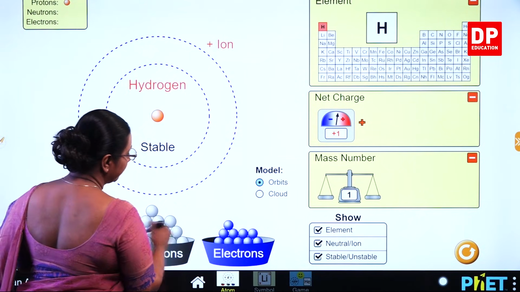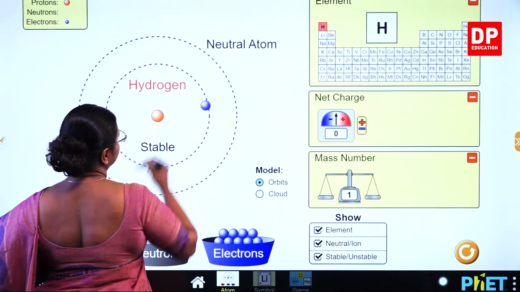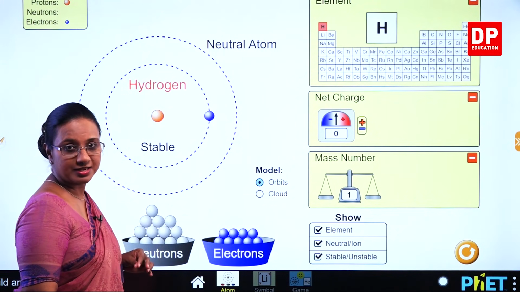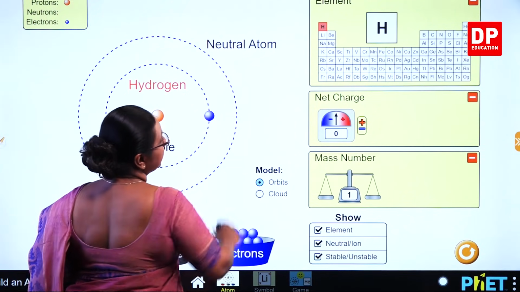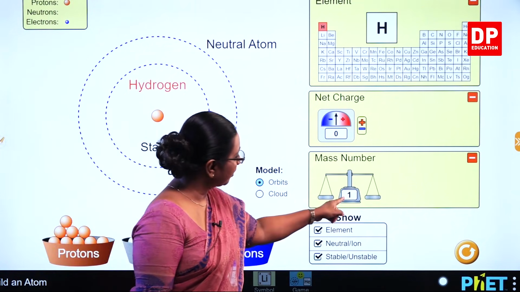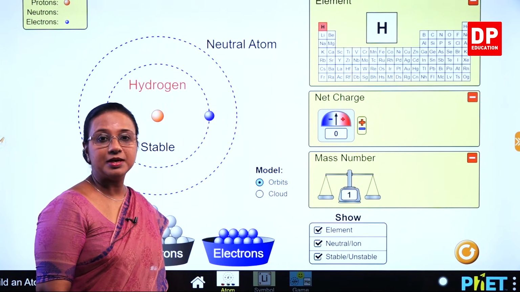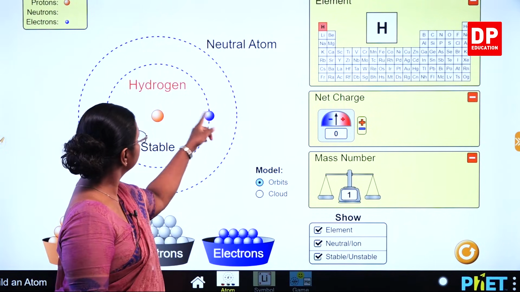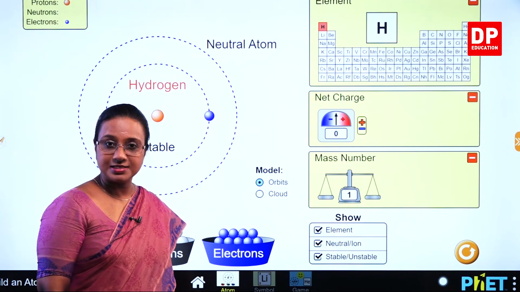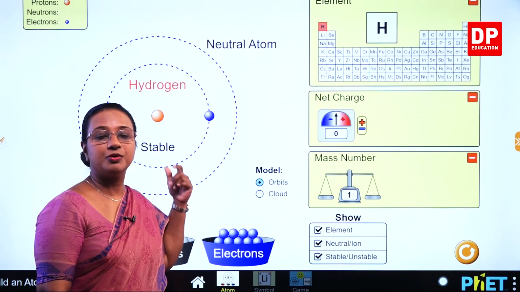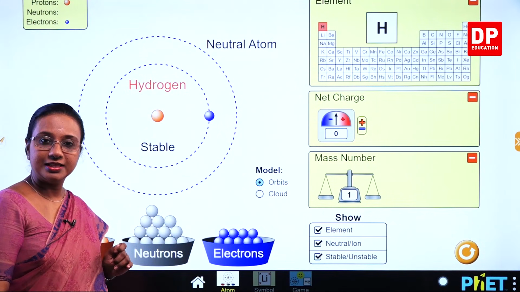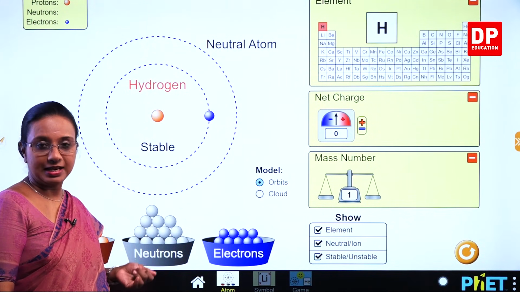To this, when we add an electron, the positive and negative charges cancel off and you can see it's a neutral atom. Also, you can note the mass number there. Although there are two subatomic particles, there's only one mass number because it's only the proton that gives the mass number. Now we look at the helium element.